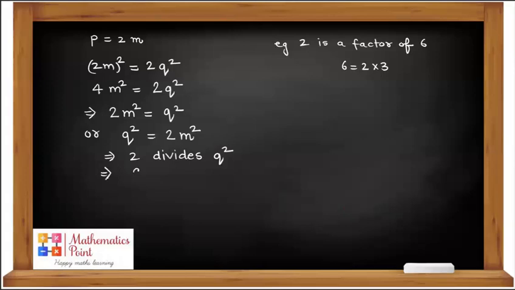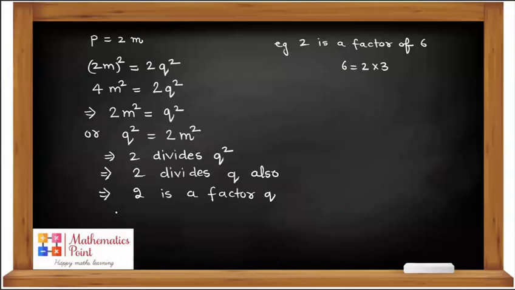It implies that 2 divides Q also, right? Now, when 2 divides Q, it means 2 is a factor of Q, correct? Because if a number divides another number, then it is definitely a factor of that number.